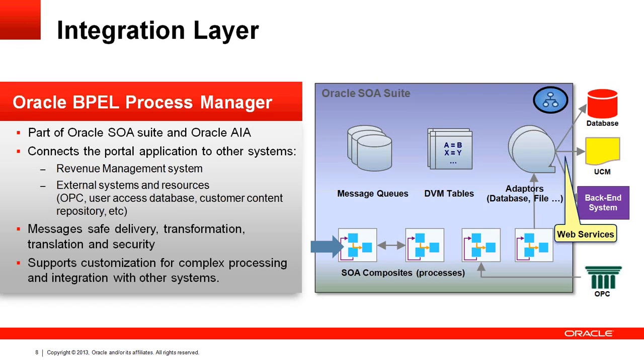SOA composites communicate with the outside world via adapters. These are things that connect this layer to others, which can be other databases, or other document management systems external to our website, and typically the backend system, which in our case could be PSRM or another revenue management system. These connections are typically done using web services.